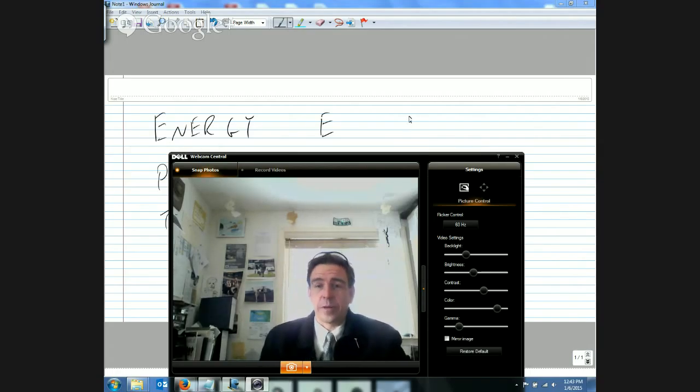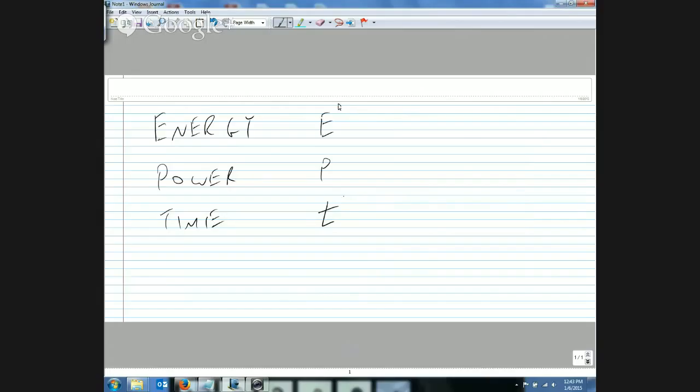So hopefully we can get to the relationship. There's a couple ways, or several ways, to write this out, but the two main ways are to think about energy as just equal to power times time. Another way that people typically write it is that power equals energy divided by time.